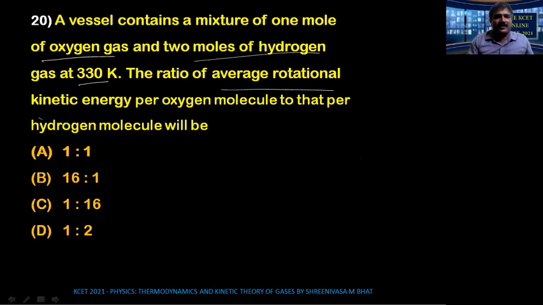See, again, oxygen is diatomic, and we are dealing with rotational here. Rotational degrees of freedom are 2 for oxygen, and hydrogen is also diatomic, so rotational degrees of freedom are 2. Translational is 3, but it is not required, only rotational. Therefore both will have the same rotational kinetic energy. The average rotational kinetic energy is the same for oxygen as well as hydrogen. Hence the ratio is 1:1.